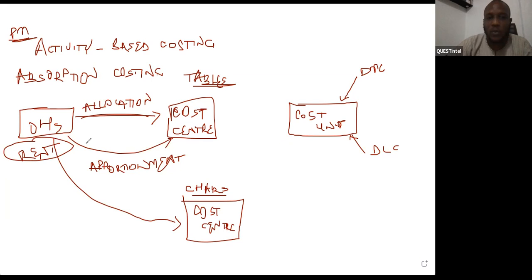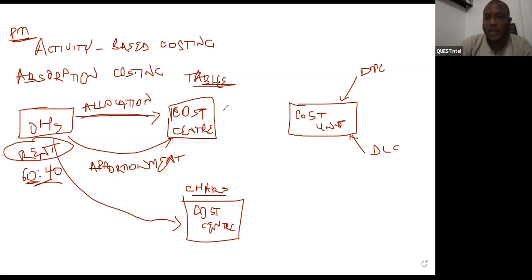Now that one will be apportioned. So our rental cost, maybe we'll do 60-40, for example. I'm just using a hypothetical here. So 60% of the rent will go to the table cost center, while 40% will go to the chair cost center. That will be apportionment.